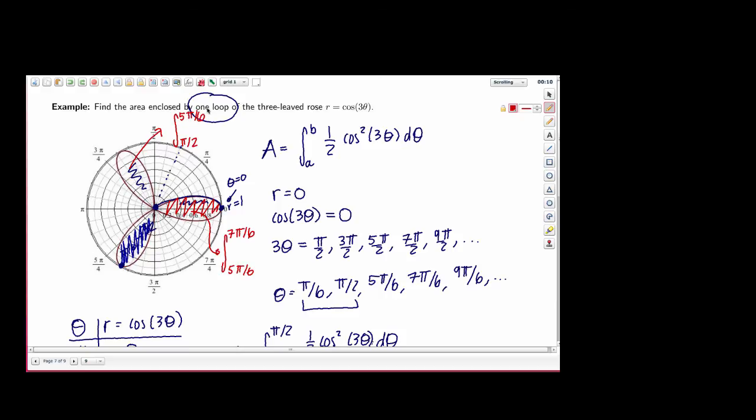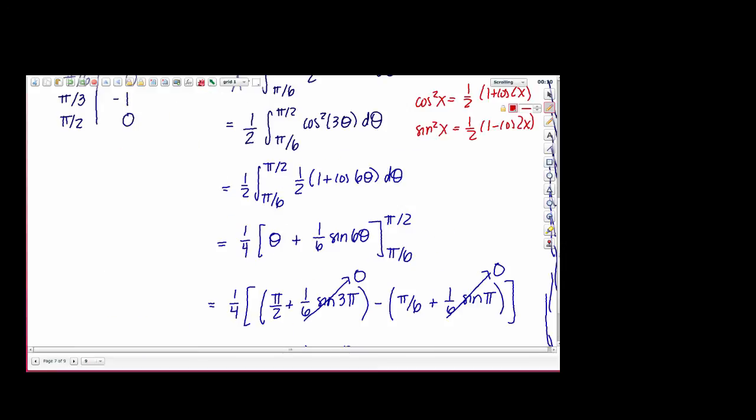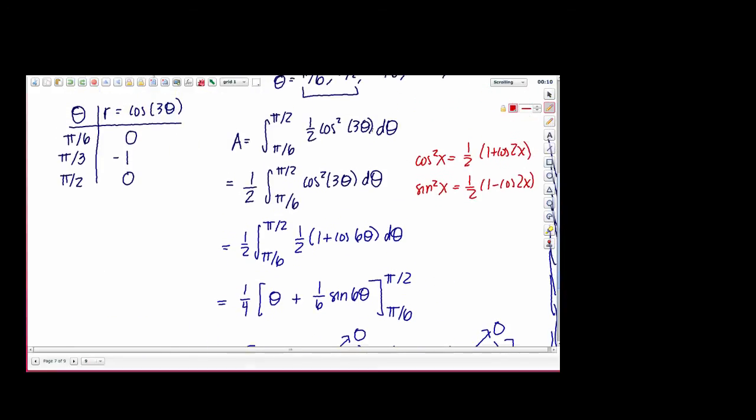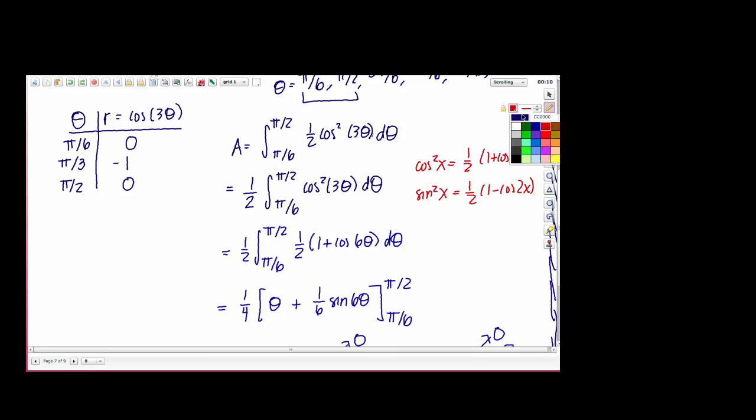There are many other ways to do this using symmetry, such as doing half of a loop and then multiplying by 2, so make sure you understand the various ways to compute this area. The key of this lesson was using these angle identities to actually work out the integral, and again, if you need one of these for a quiz or a test, I will give you these identities.